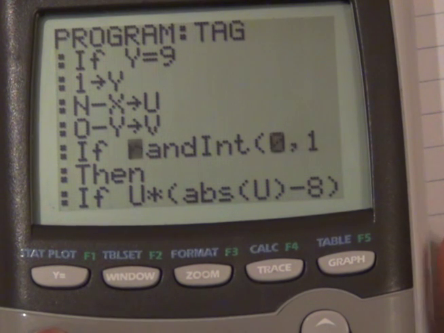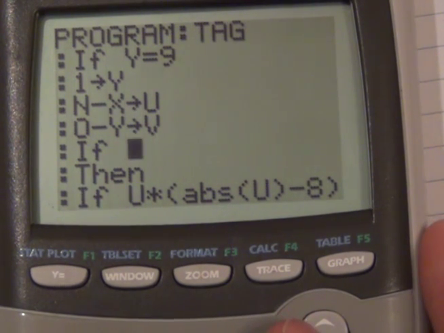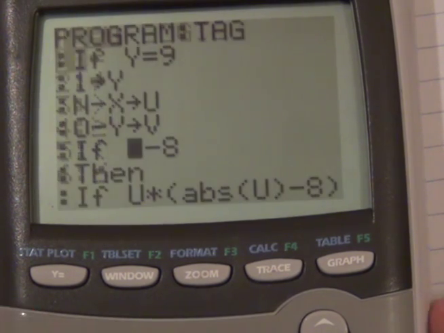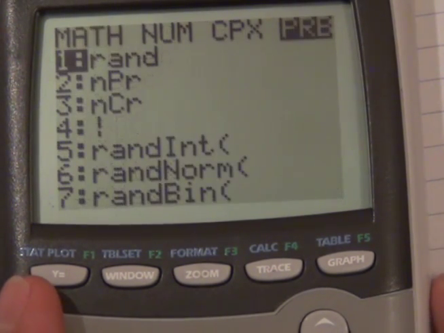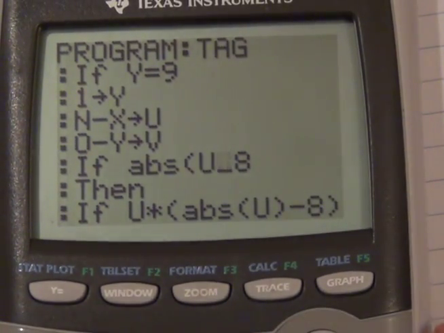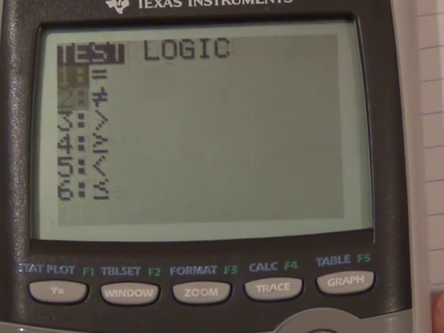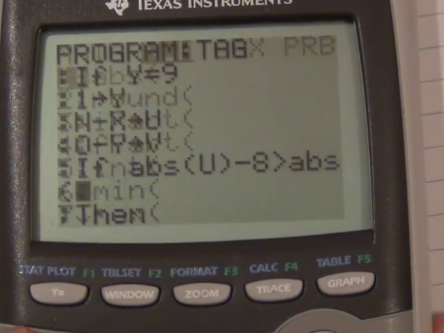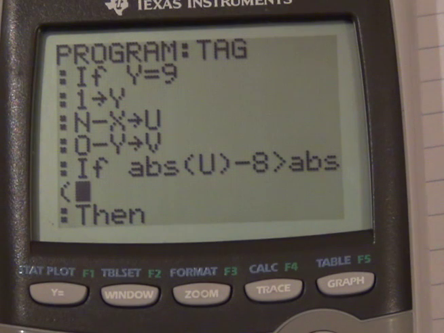So if we take u and we subtract 8 from it, or we take the absolute value of u, subtract from 8, if that's greater than the absolute value of v minus 8.